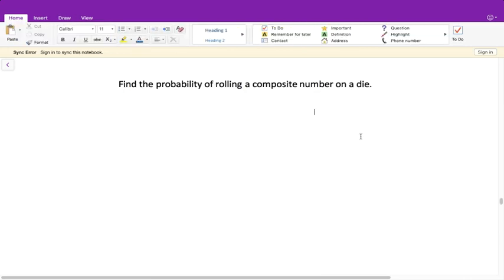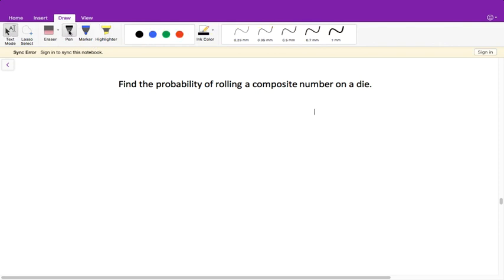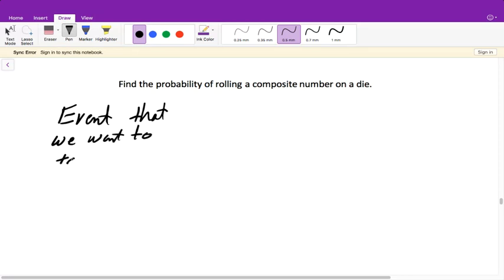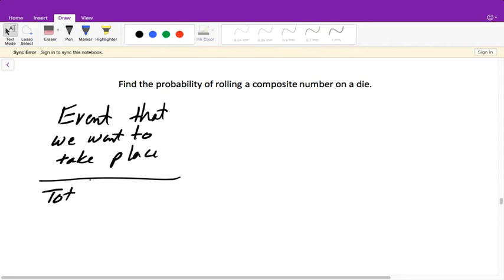All right, so now if I give you this question here, find the probability of rolling a composite number on a die. Remember, the way that we would solve this is the event that we want to take place goes in our numerator, and then the total number of outcomes goes in our denominator.